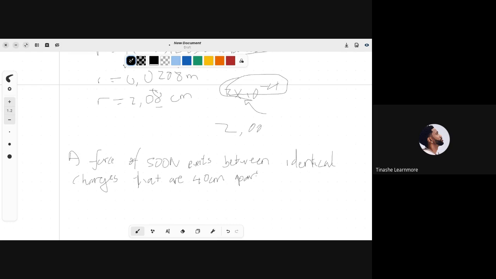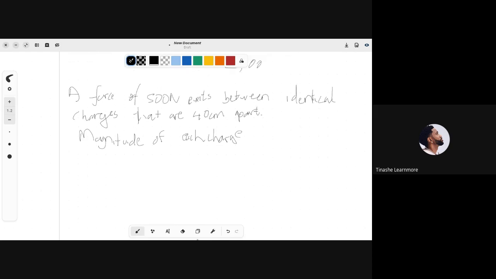So this is the case. You are told that they are 40 centimeters apart. Now calculate the magnitude of each of the 2-point charges. So we want the magnitude of each charge. One minute counting now. You may raise your hand once you have the final answer to that one.